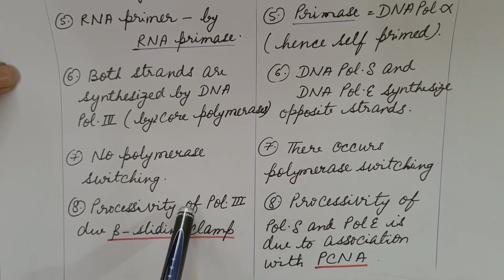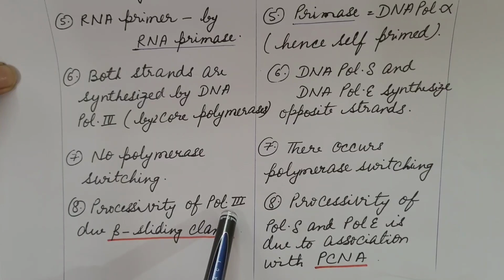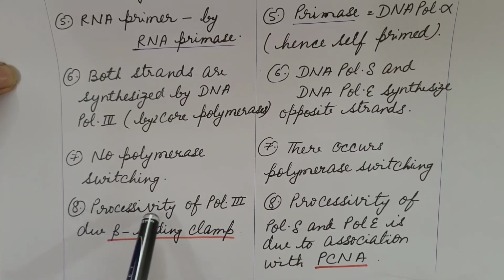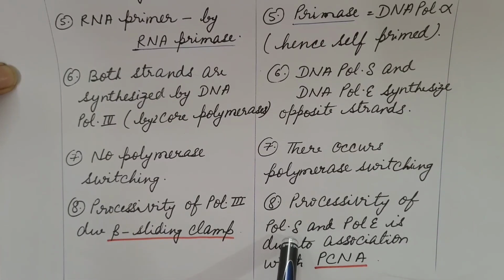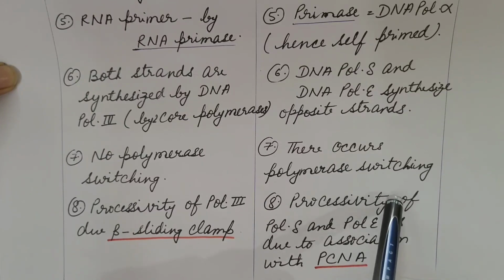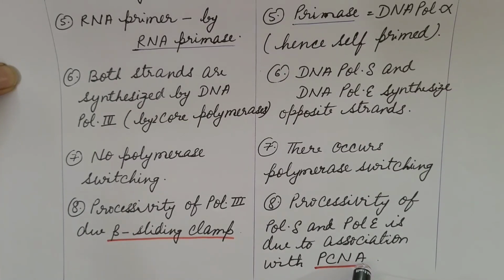We know that DNA polymerase 3 of prokaryotes has high processivity, and this is due to the beta sliding clamp. In case of DNA polymerase delta and epsilon, their processivity is due to the association with PCNA, which is known as proliferating cell nuclear antigen.